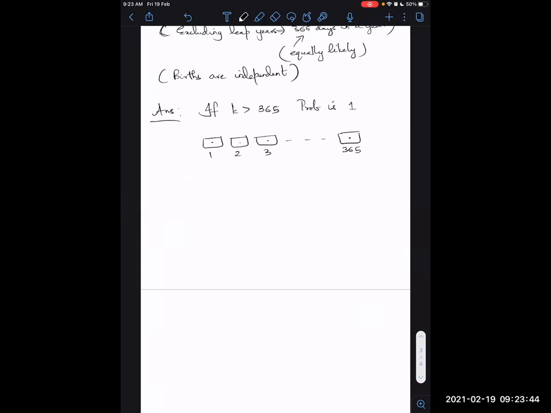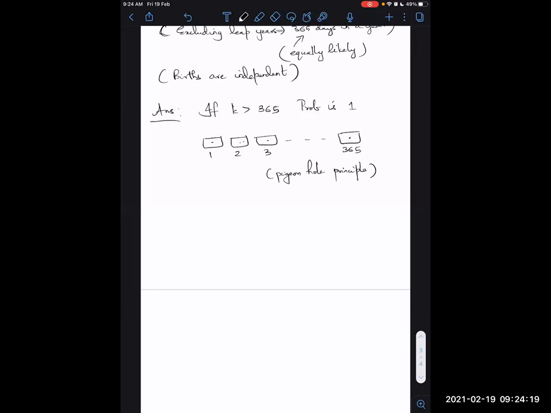Then the 366th person comes, and he will fall into one of these boxes, because that's the only choice he has. There are only 365 boxes because there are only 365 possible birthdays in a year. This is a powerful technique for proving impossibilities in counting problems, known as the pigeonhole principle. Because of the pigeonhole principle, when k is greater than 365, this probability is 1.